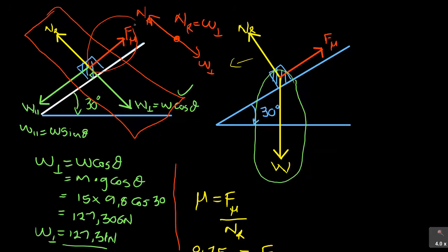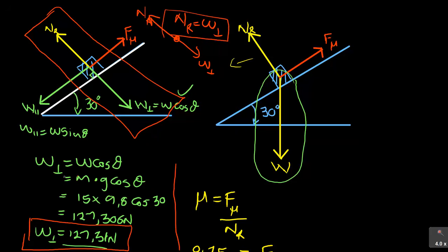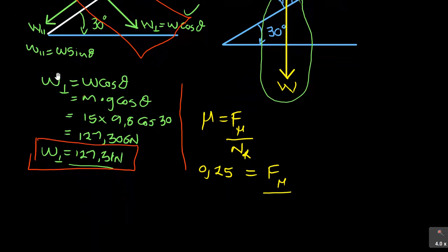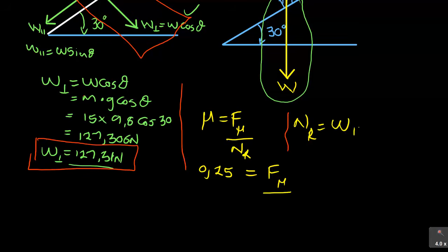Yes, I know you want to find F mu, but for you to find F mu, you need to know NR, but NR is only opposed by weight perpendicular. So that is the force that you need to use, and the good thing is already you know what is weight perpendicular. You did find it there. So as a side note, NR is equal to weight perpendicular.